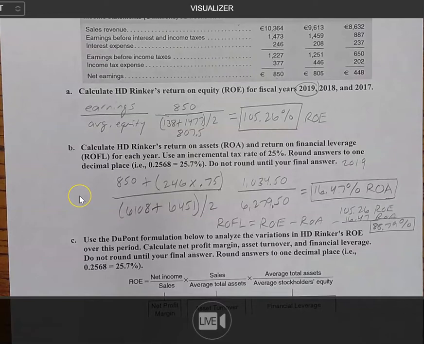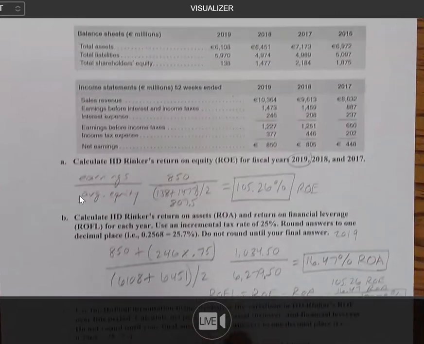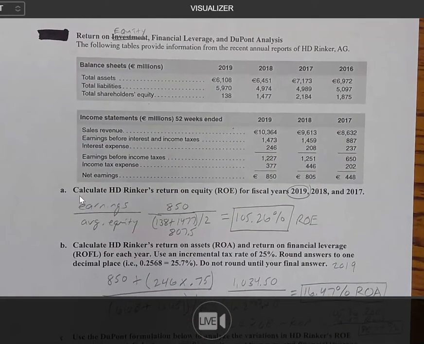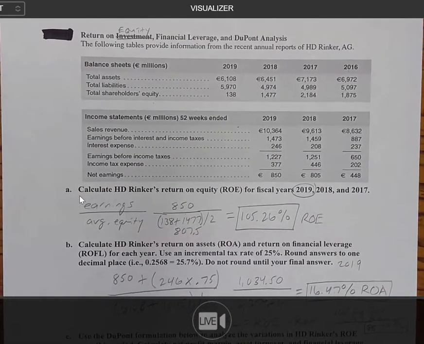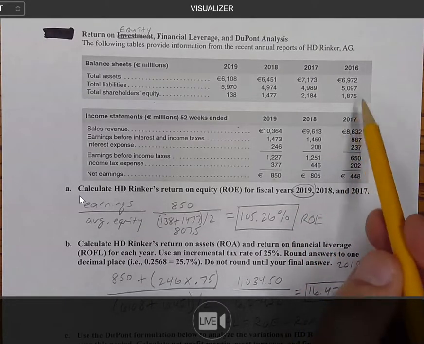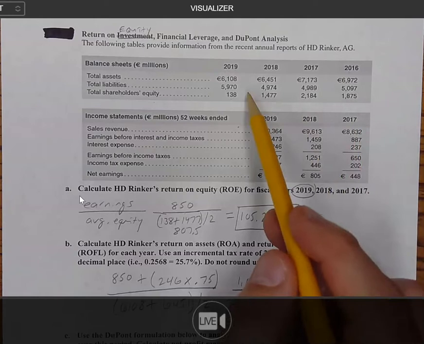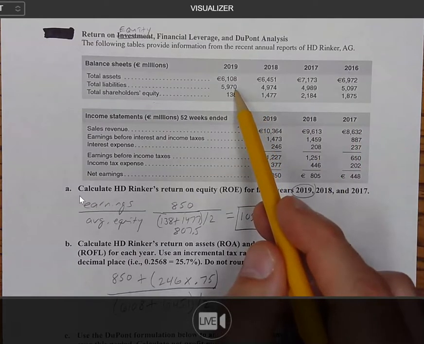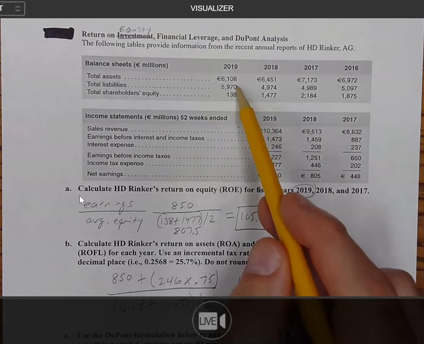And so this is not the same thing as financial leverage necessarily, but what it does show us is that our debt to equity ratio is pretty high, and we can kind of see that if we go back up here. Really, for all of these periods, we see this taking place, but particularly for 2019, where debt is noticeably higher.